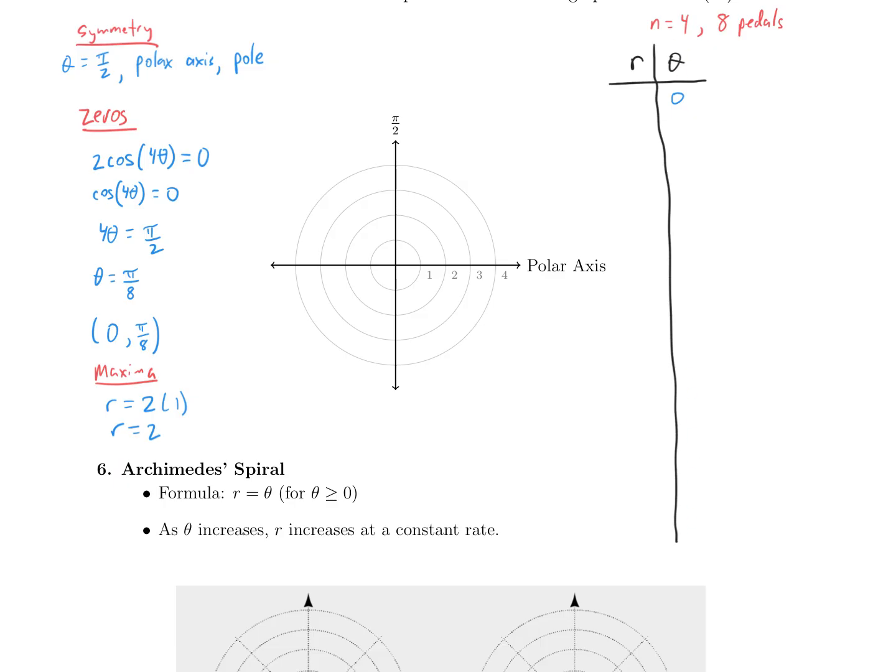So in this case, it's going to be pi over 8, and then 2/8 pi, 3/8 pi, 4/8 pi, etc., until you get to 2 pi, all the way around the unit circle. You can simplify these if you want. I'm going to choose not to, but it's completely up to you.